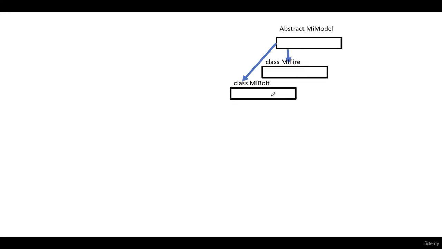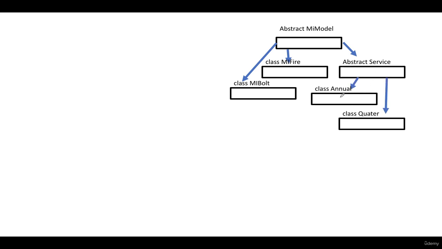First we will design the complex object structure. So we have the abstract class, that is Mi Model, and then these are my subclasses, that is Mi Bolt and Mi Fire, and they extend from the abstract class. And then we have another abstract class which is Service, and in this abstract class we have two subclasses, that is class Annual and class Quarter.